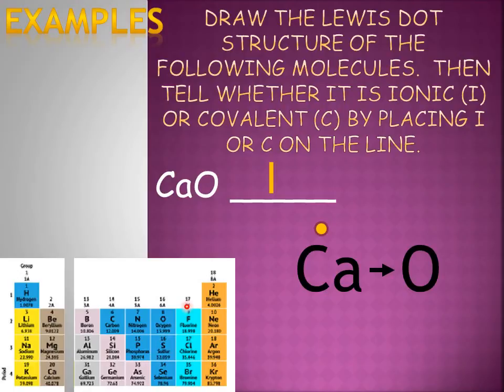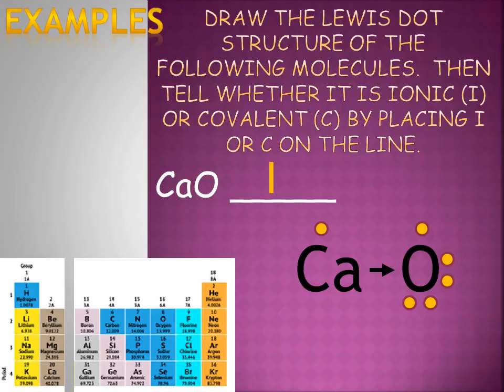Now my oxygen is right here in group 16, so we need 6 dots. Remember, one's right here on the line. So 1, 2, 3, 4, 5, and 6. Okay, so there are our dots, and the reason I knew calcium was going to give away its electrons to oxygen was because calcium had 2 and oxygen had 6. So calcium's going to give away and oxygen's going to take.